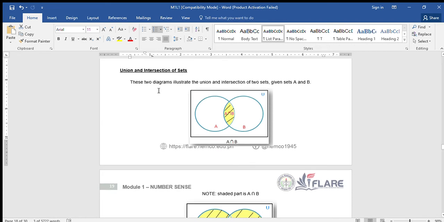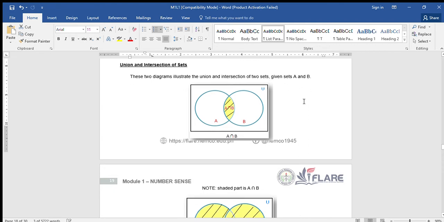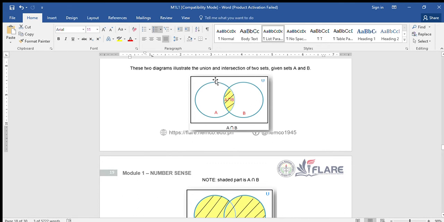Sige, so we have here union and intersection of sets. So these two diagrams illustrate the union and intersection of two sets. So given natay sets A and B. So kini siya na nakita nato is an example of an intersection of set. So natay set A here and set B diri and kining box diri is what we call a universal set.